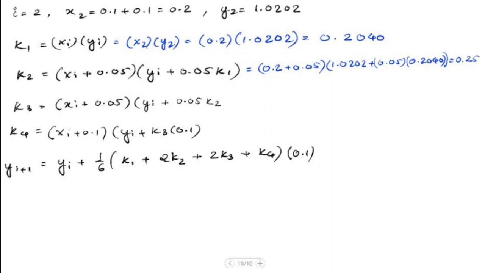Maybe I'll write it down so I don't congest it here. So this will give us the value 0.2576.